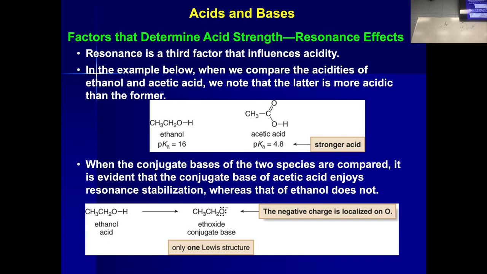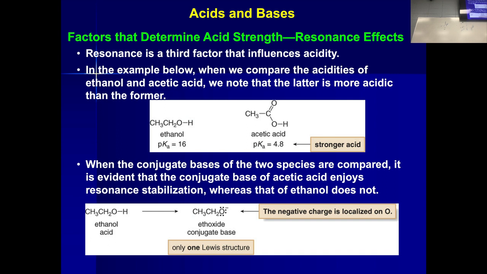But what I can do here, does this negative charge really belong only to this oxygen? No. I can draw a resonance structure for this. And we talked a little bit about resonance structures last time. Okay.